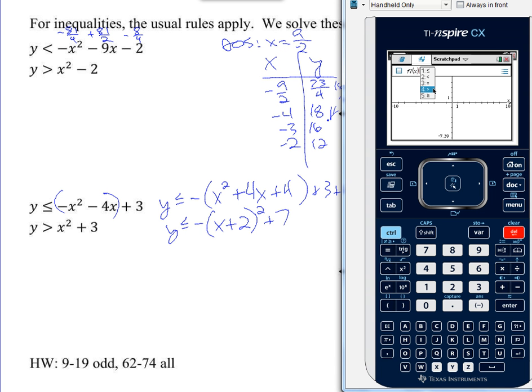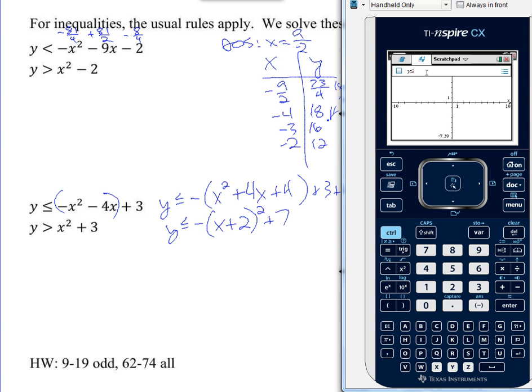So let's enter this one in right here, this bottom one that we just did, just because it was actually on the window. So I want less than or equal to, so I select less than or equal to, and then it switches from function notation to y is less than or equal to. It does that because it's no longer a function. Inequalities are not functions. They don't pass the vertical line test. And then I'm just going to type in that.